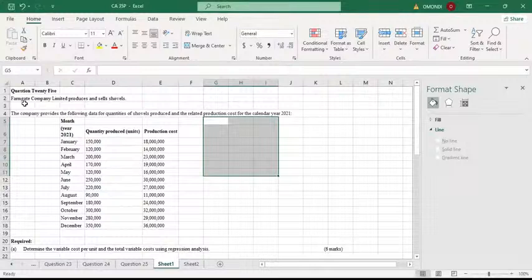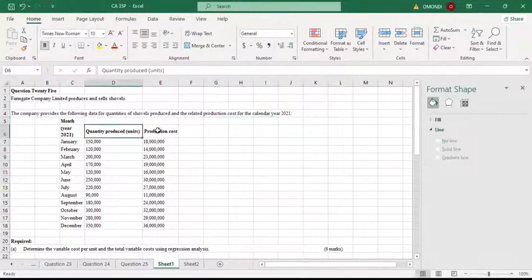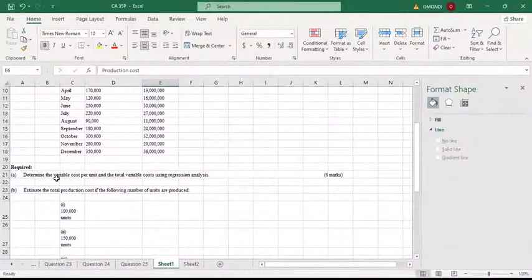So that's the information given to us. We have the month column, quantities produced, then production cost. Required, part A: determine the variable cost per unit and the total variable costs using regression analysis. 6 marks.